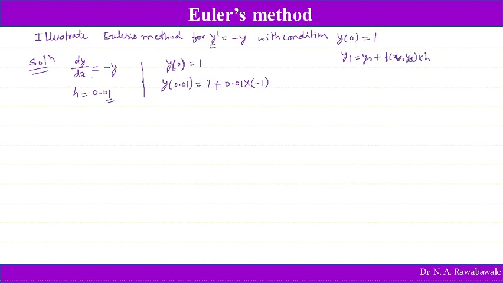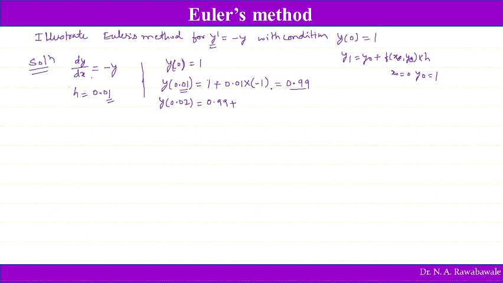So x0, y0 values: x0 is equal to 0, y0 is equal to 1. If we substitute this in this equation, the y value is minus 1. So then we get this as 0.99. Now again, at x is equal to 0.02, that is 0.01 plus 0.01, adding the step size h, the previous value is 0.99 plus f of x1, y1.